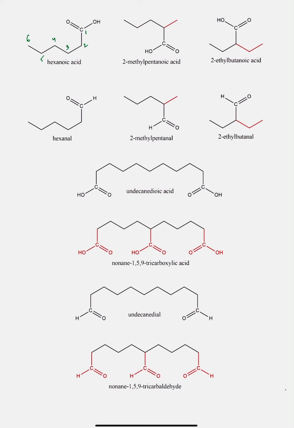Let me explain what I'm trying to say. So this is how you number this compound, and here there are no substituents at all, so the name of this compound is hexanoic acid.